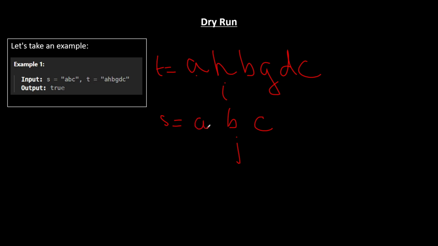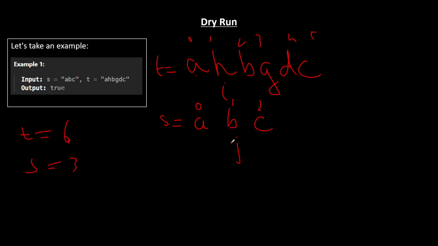Now i is an index. Let me mark the indexes also: 0, 1, 2, 3, 4, 5. And this is 0, 1, and 2. T is of length 6, S is of length 3, right?